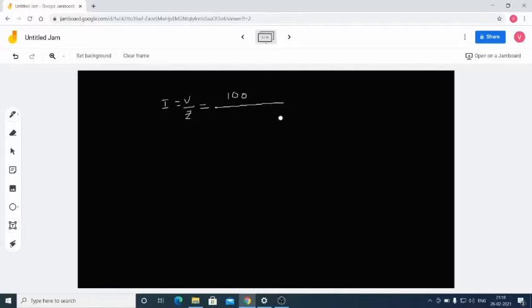Then the second quantity we need to find is the resonance frequency. The frequency at which resonance occurs is called the resonance frequency, which was derived in the previous class.